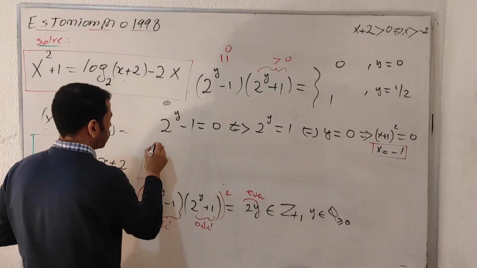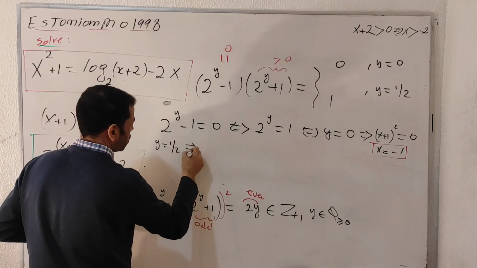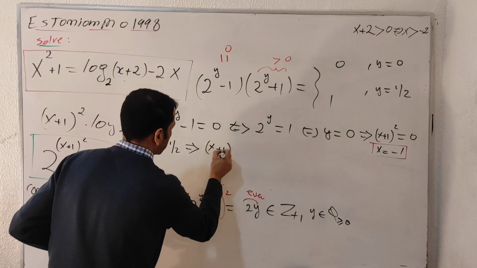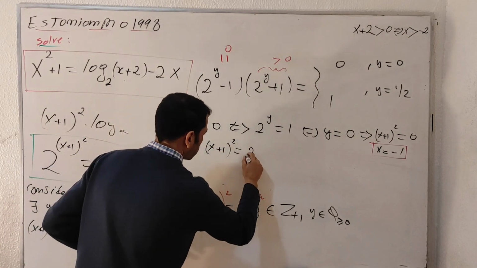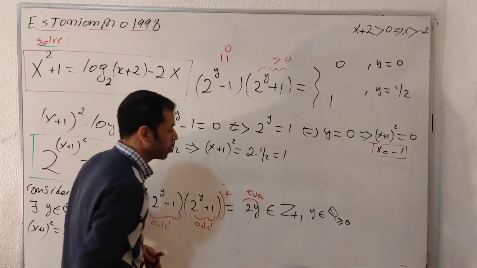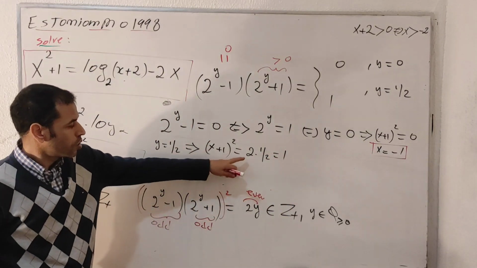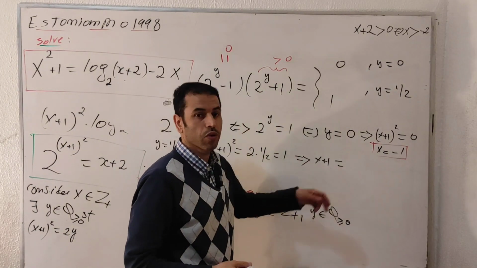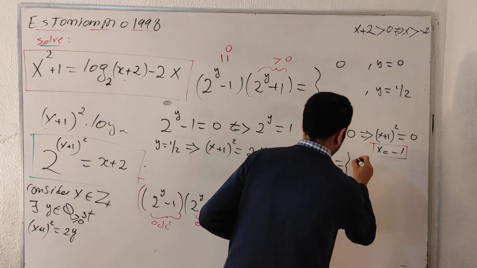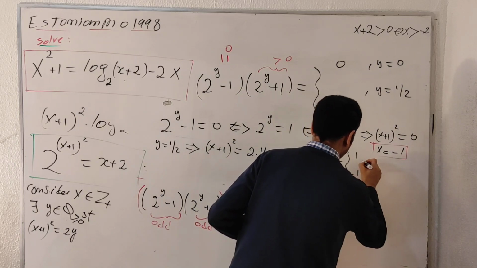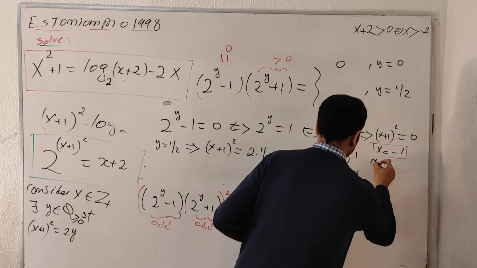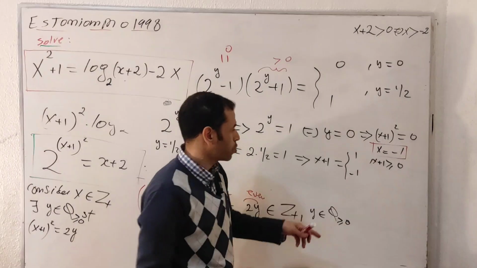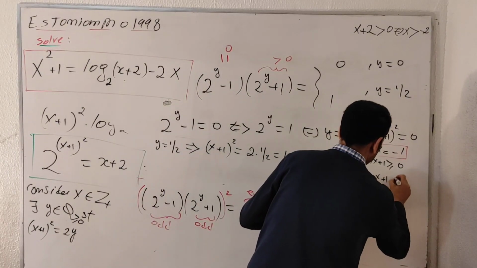For the second solution, when we have y equals half, I'm going to use the same substitution expression. I will have (x plus 1) squared equals 2 multiplied by half, which equals 1. By taking the square root on both sides, I will get x plus 1 equals plus or minus 1, which is 1 or minus 1. x plus 1 equals 1 when x plus 1 is greater than or equal to 0, and x plus 1 equals minus 1 when x plus 1 is strictly less than 0.